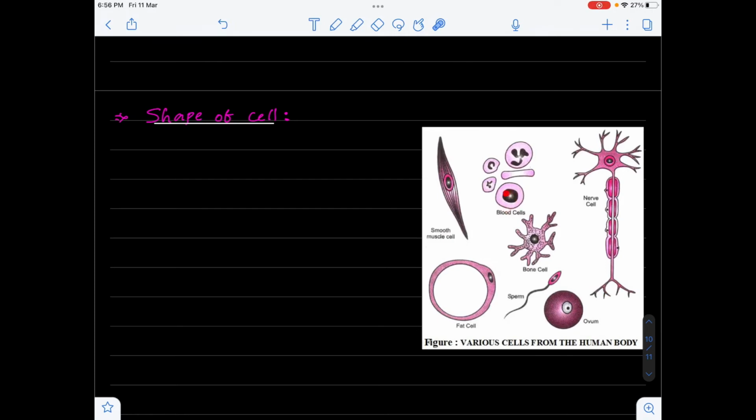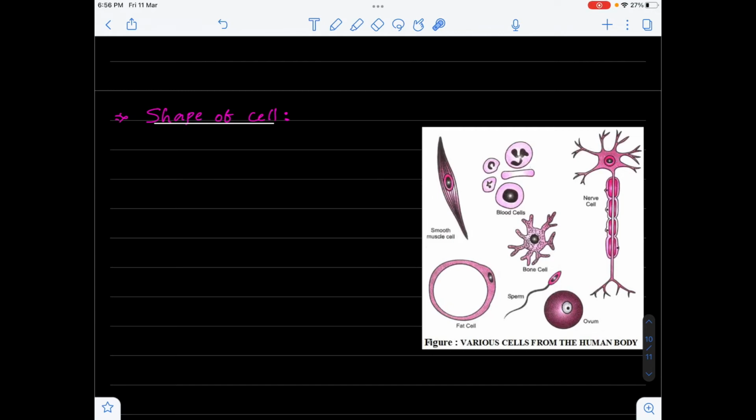And red blood cells are in discoidal shape. Next, white blood cells are in irregular shape. Similarly, if you see some unicellular organisms like amoeba, it appear irregular shape. It does not have a specific shape. Next, paramecium, it appear in slipper shape. So like that, different cells are in different shapes.